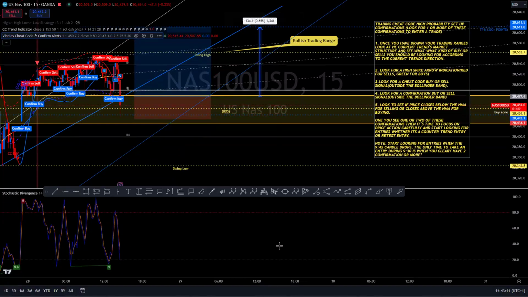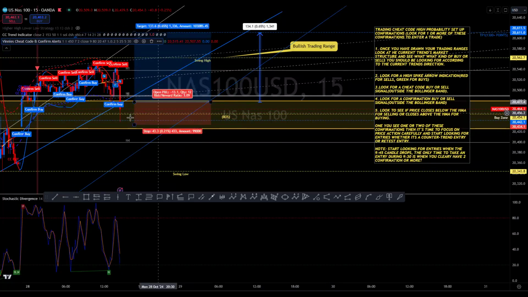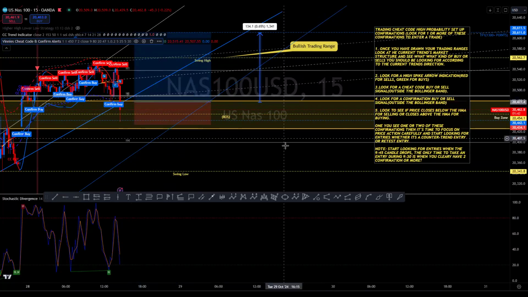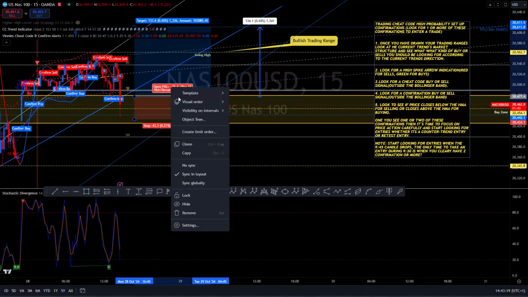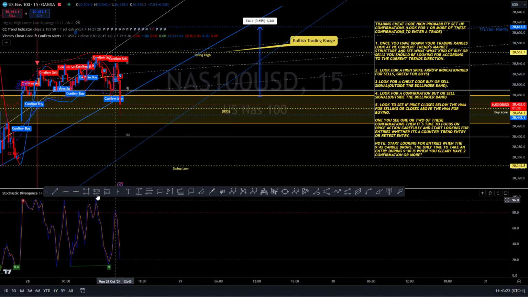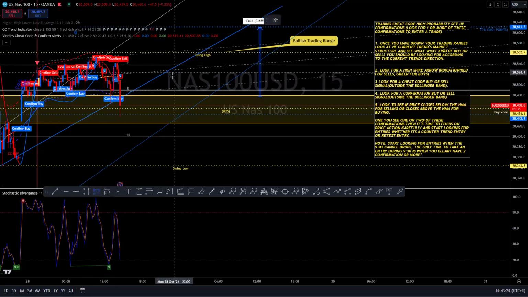I believe on the 5 minute we get bullish. I mean, we're bearish. So I'm probably going to change my bias and look for an overall sell, maybe from this structure here.